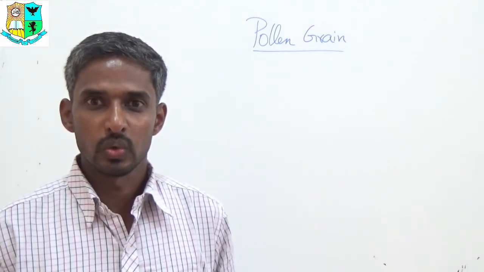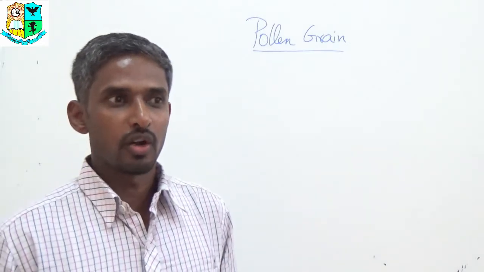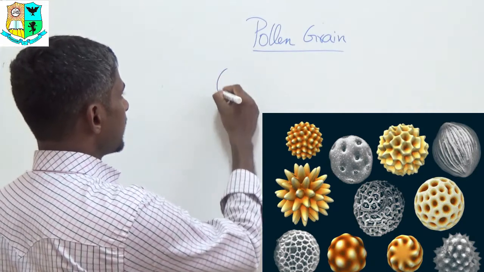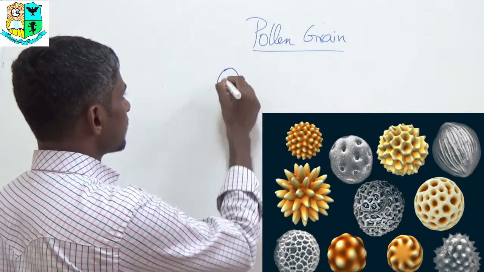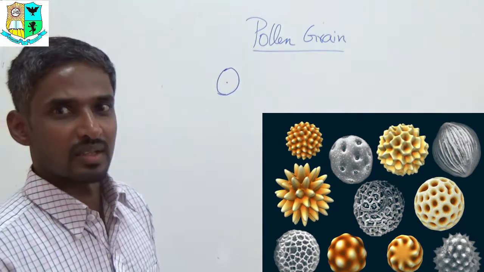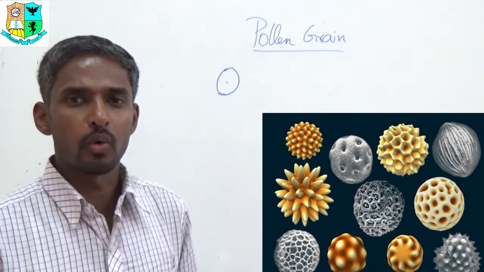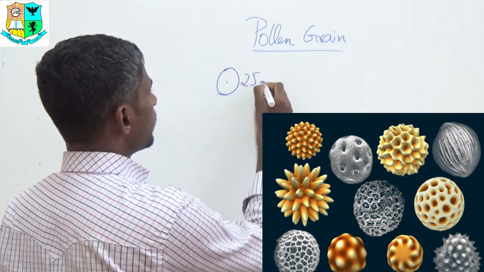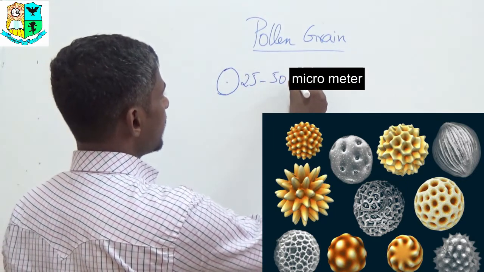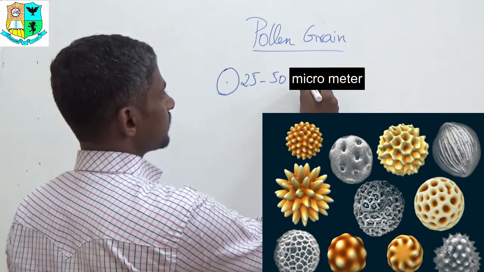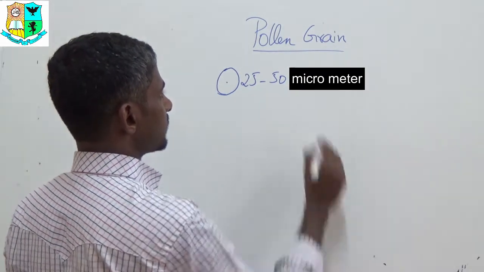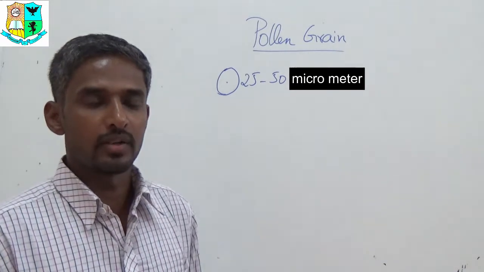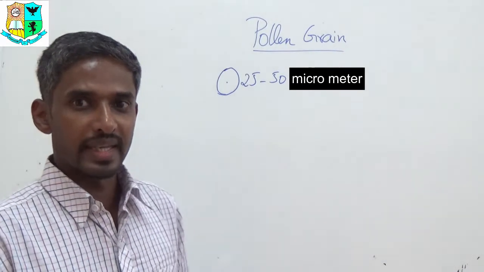Now if we take the microspore, that means the pollen grain, it is a very small structure, most probably round in shape, and its diameter is between 25 to 50 micrometer.